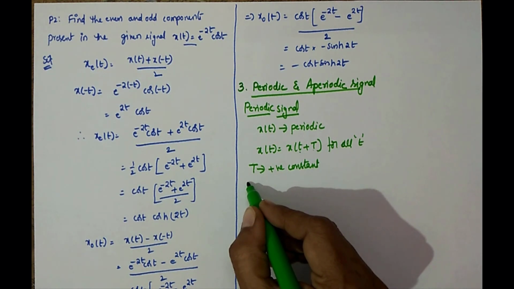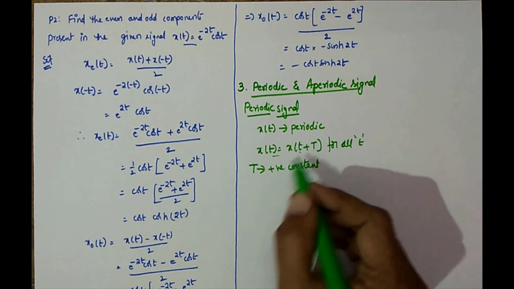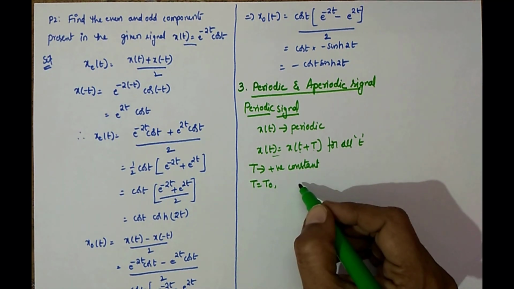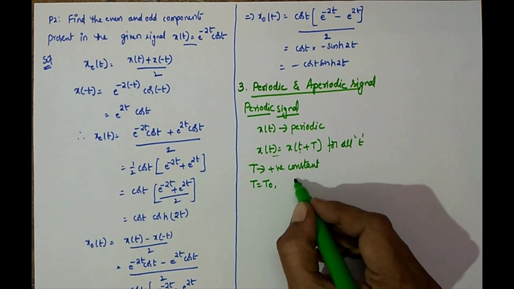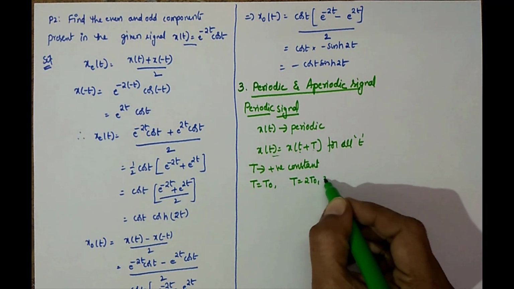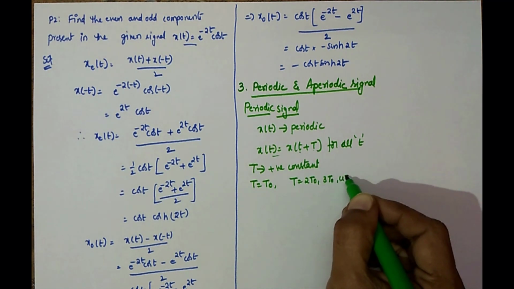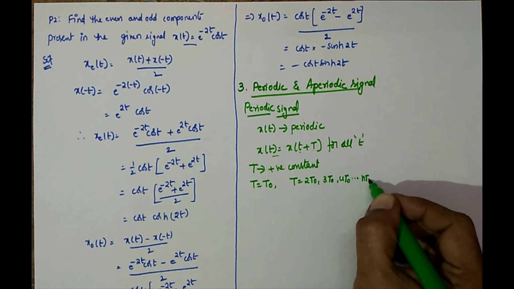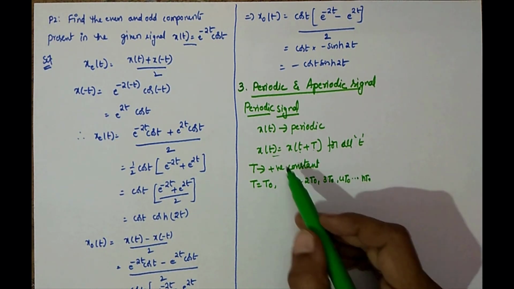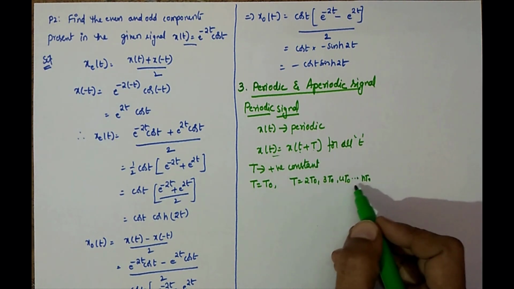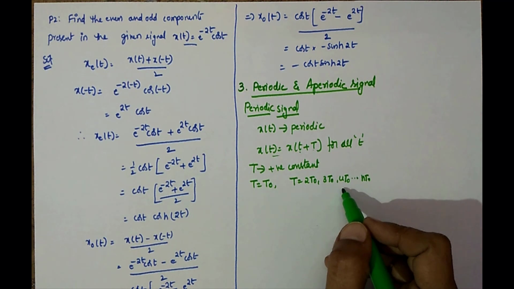Suppose this condition is satisfied at t equal to some t naught. The condition is satisfied even for t equal to 2t naught, 3t naught, 4t naught, etc., n t naught. It means the signal will repeat at regular intervals of t naught.